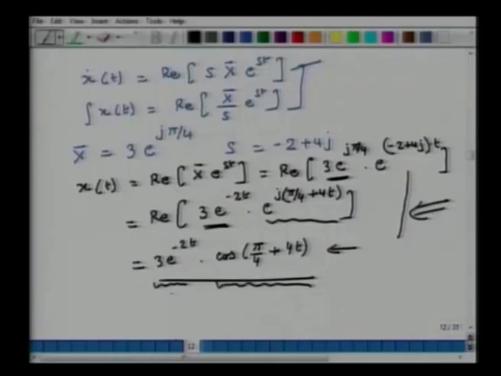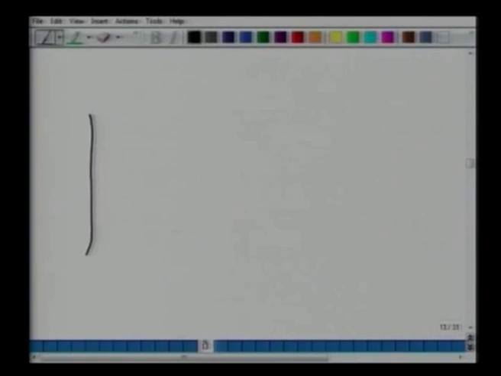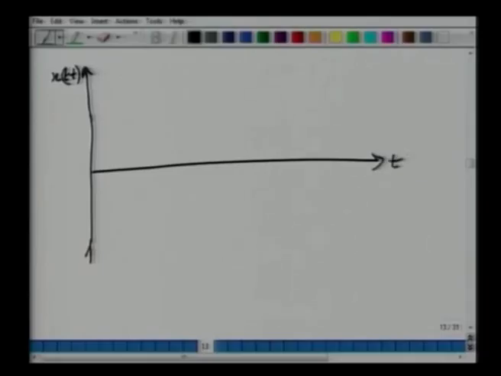So I am plotting x(t) here. This is my time axis, and so I get my plot something like this, and so on and so forth.